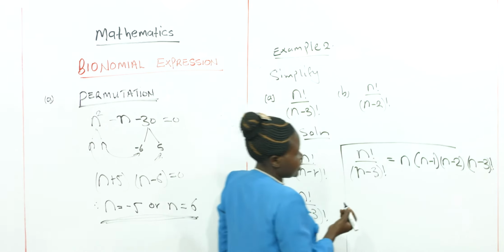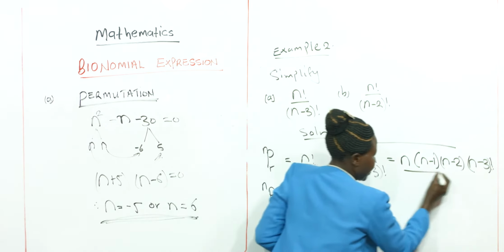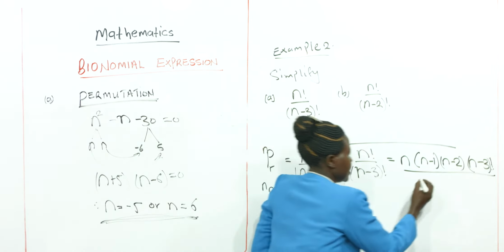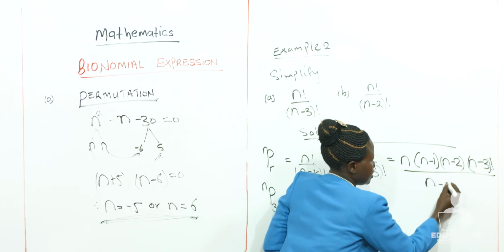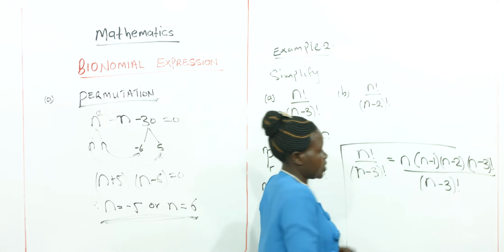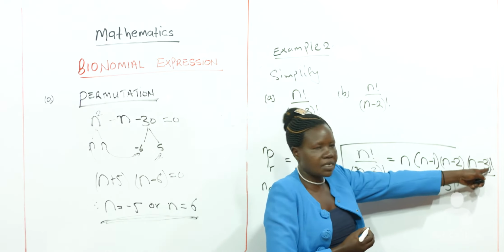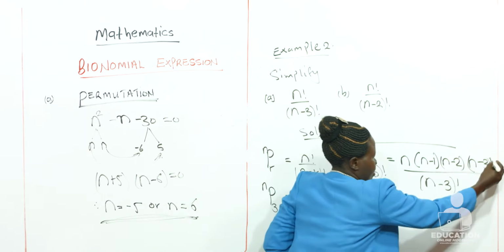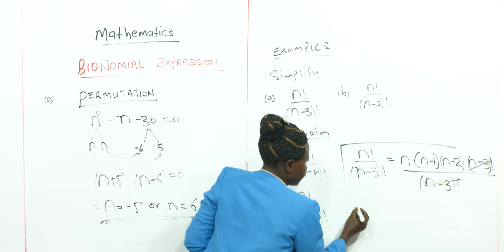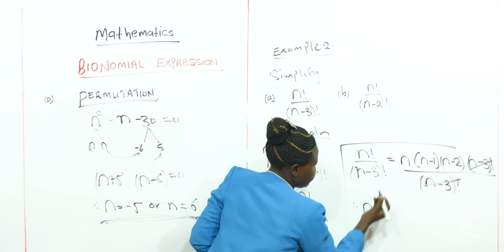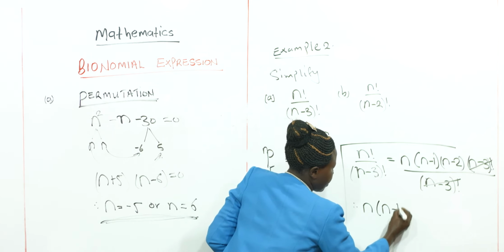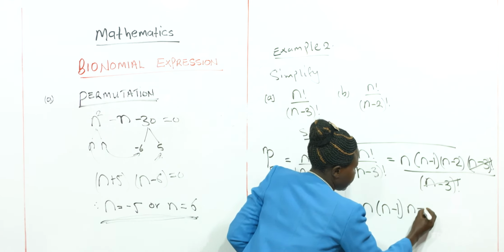So, dear learners, you will have to move n until you get the denominator. And then our denominator is n minus 3 factorial. So n minus 3 factorial is the same as that n minus 3 factorial of the numerator. Then now you will cancel this. And then now you will have your answer as n into n minus 1 into n minus 2.